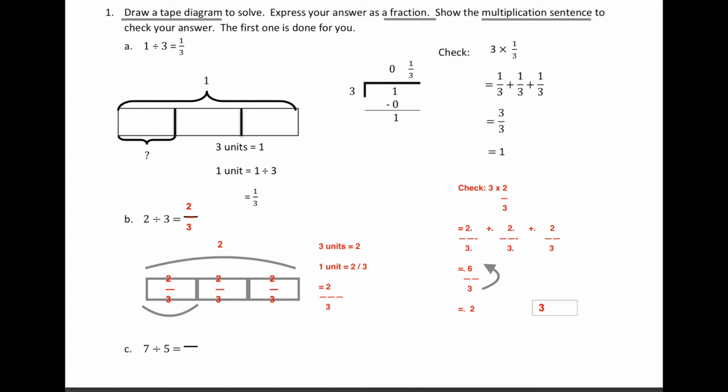In other words, 3 times blank is equal to 6. 3 times 2 is equal to 6. Okay? So the answer would be 3 goes into 6 2 times. And the way we know that our answer is correct is we end up with what it all equals to. The 3 units of 2/3 is equal to 2. So we are correct. Okay?